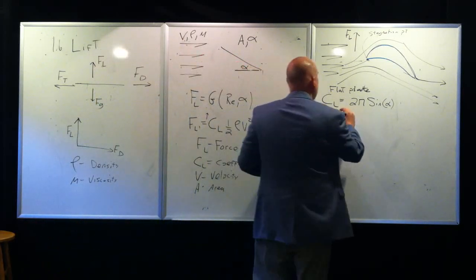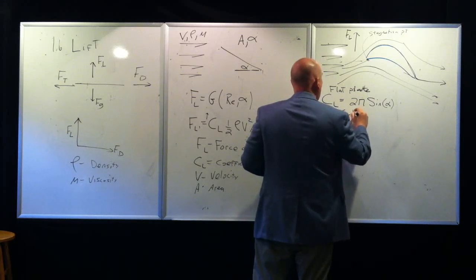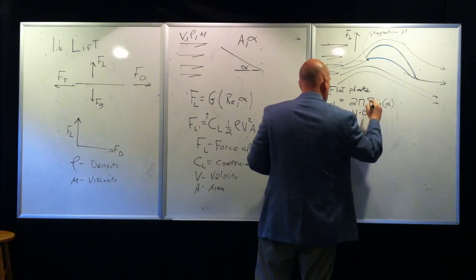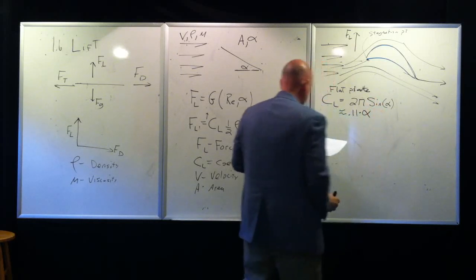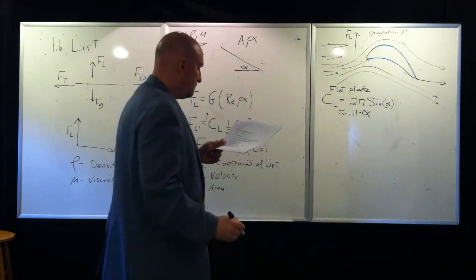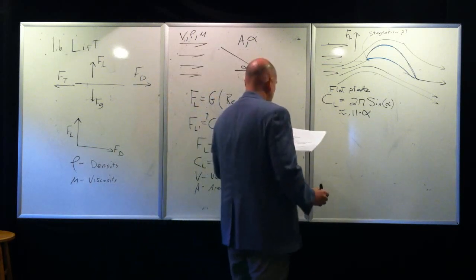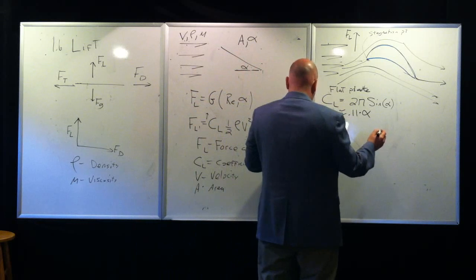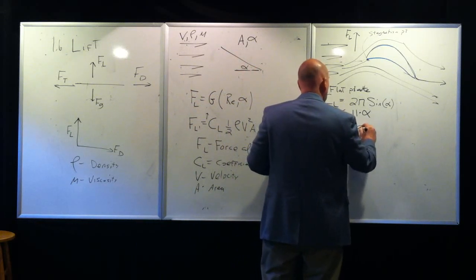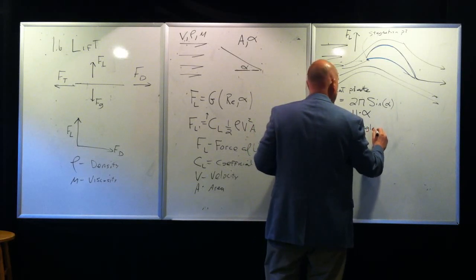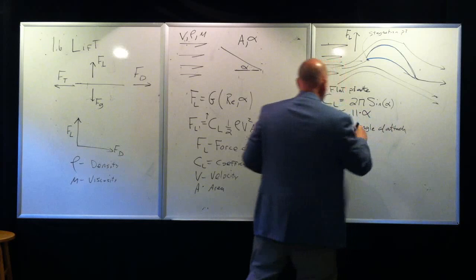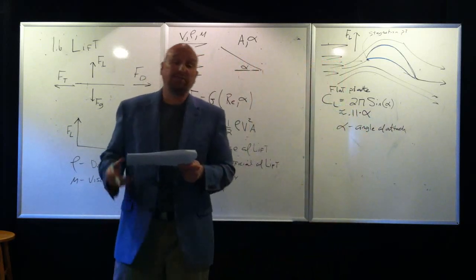Or it can be approximated as 0.11 times alpha, where again alpha is measured in degrees. And we call alpha our angle of attack.